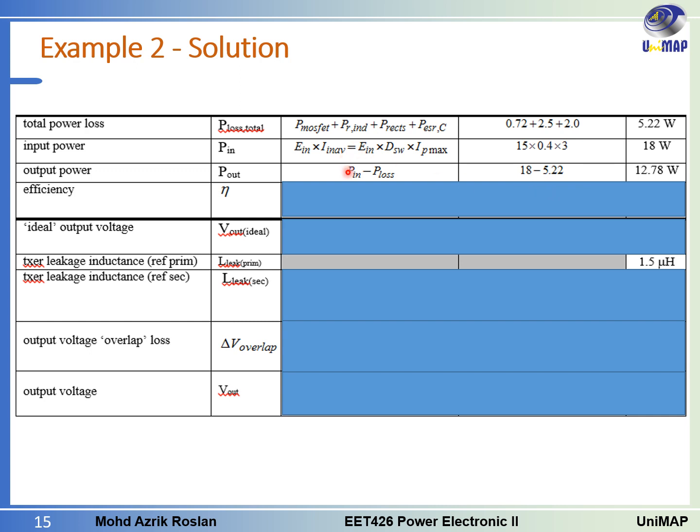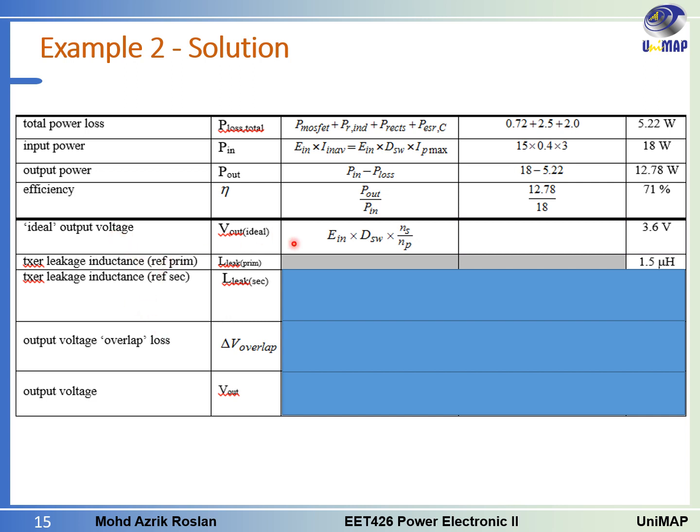We have P in equals 18 minus P loss 5.22, you will get 12.78, and then the efficiency is P out divided by P in, and when you divide this one by this one, you get 71%. So this one actually you have to multiply by 100. It's not mentioned here, but you have to know that for the efficiency the value will be in percentage.